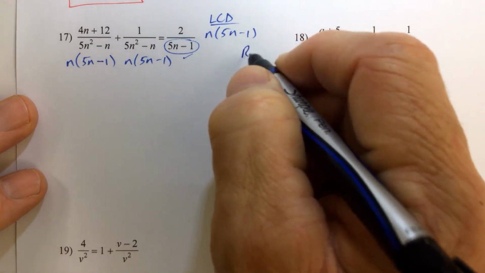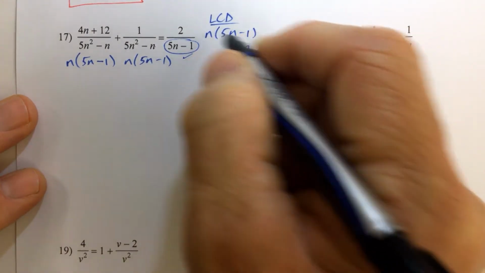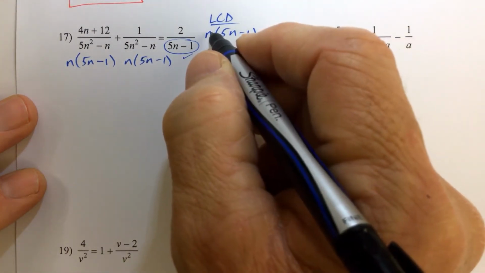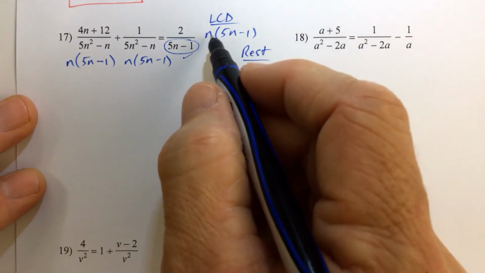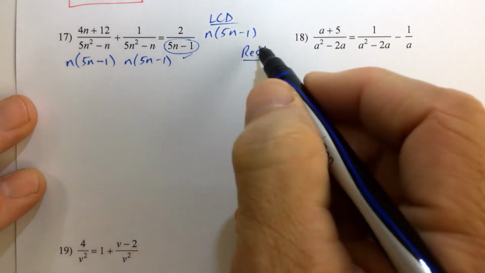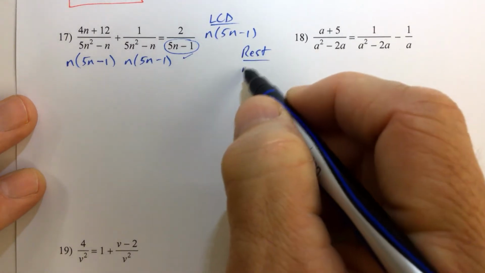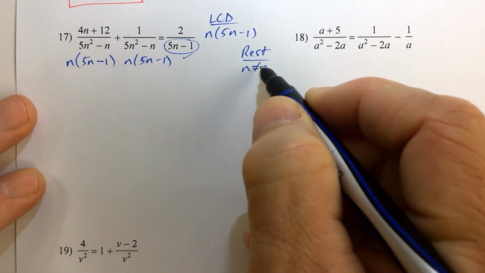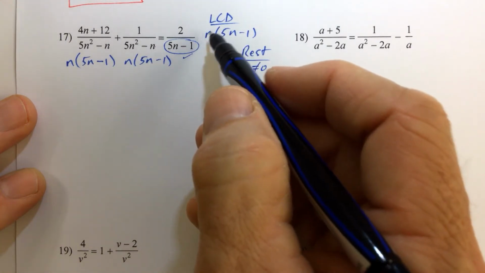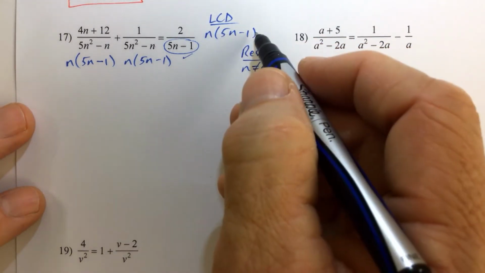And now our restrictions, let's make sure we take care of those at this point. So at the very end, we can compare our answer to any restrictions that we might have. n is not allowed to be equal to 0 because it makes that factor equal to 0. And then what makes this factor equal to 0?